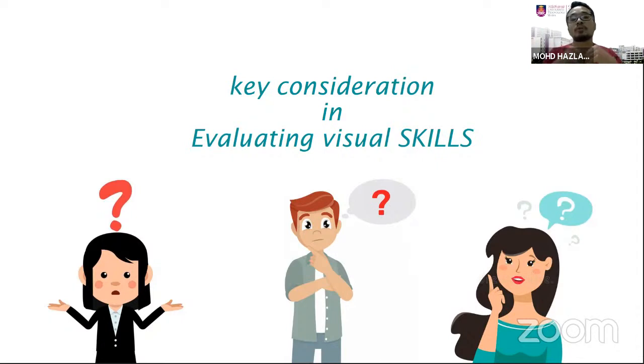So now I'm going to suggest to you key considerations in evaluating visual skills. Some of these are based on my clinical experience in looking at children. What are the things that I need to emphasize, and what do I need to focus on before I administer the assessment? I will share with all of you here. Okay, the next slide.